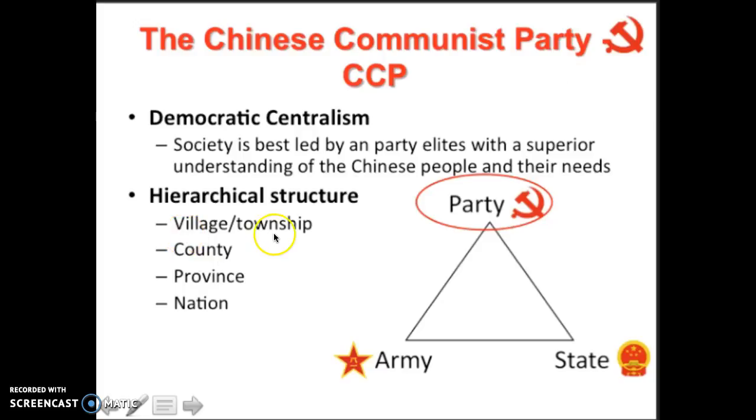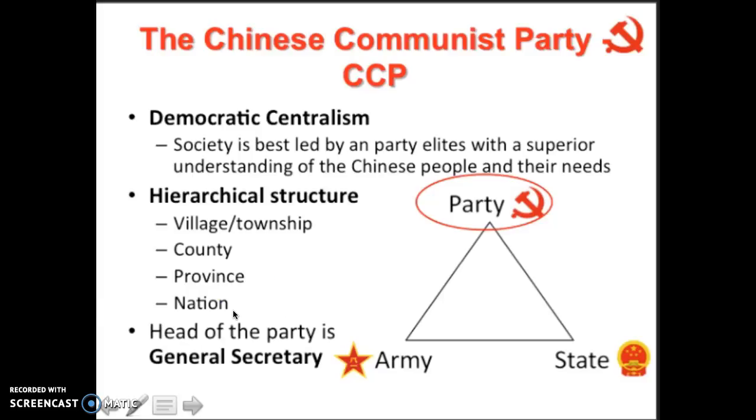This is a review of the hierarchical structure. So remember, you vote at the village or township level, and the person you voted for moves on to pick somebody at the county level, who goes on to pick somebody at the province, or what we would call the state level, and then moves on to the national level.